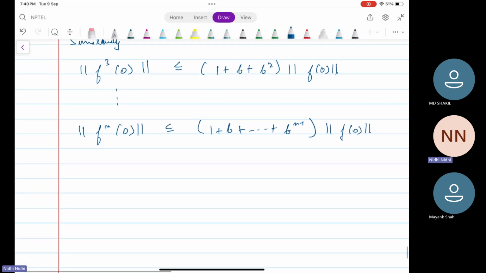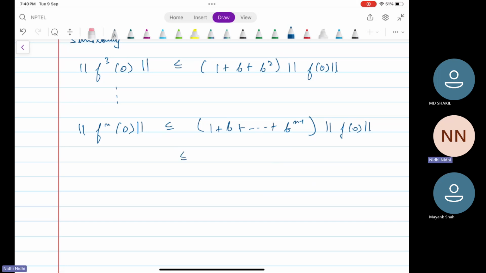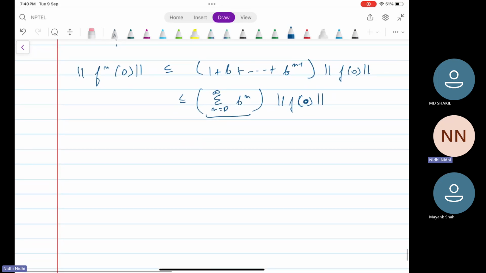And this is obviously less than or equal to the summation n from 0 to infinity of b to the power n times norm f(0). Since b is strictly less than 1, this is a geometric progression with ratio strictly less than 1. We know that this sum is finite and will be 1 upon 1 minus b, so 1 by (1 minus b) times norm f(0).